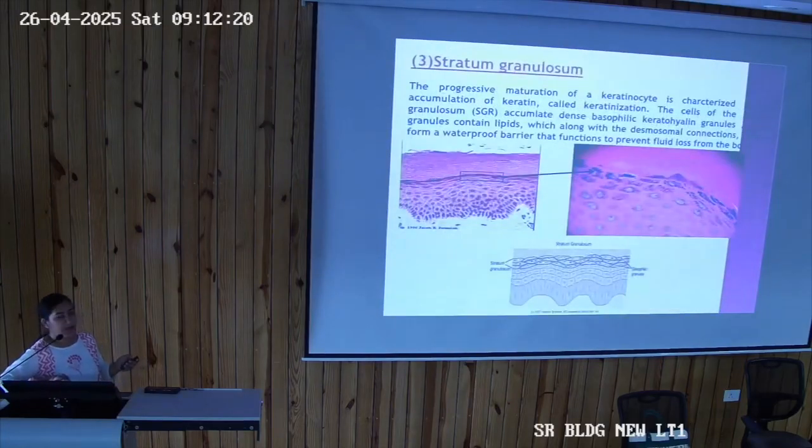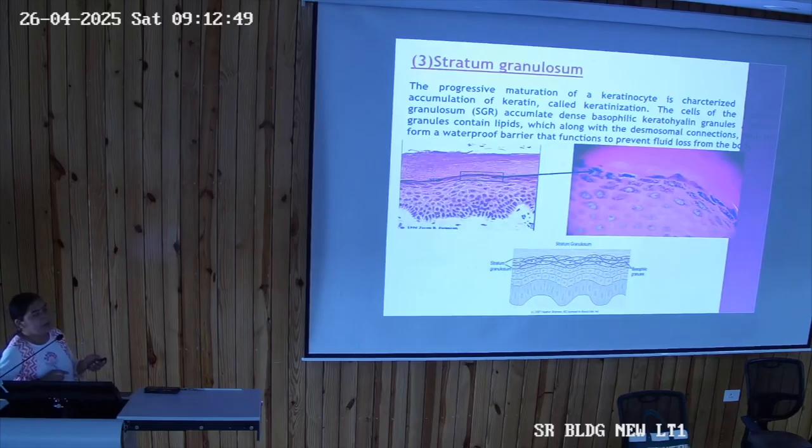Next, coming to the granulosum. You have heard of the granules called keratohyalin granules. These cells start accumulating these keratohyalin granules, so this layer is called stratum granulosum. So we started with the stratum germinativum, then comes the stratum spinosum, and then the stratum granulosum. Here is the progressive maturation of a keratinocyte, characterized by the accumulation of keratin.